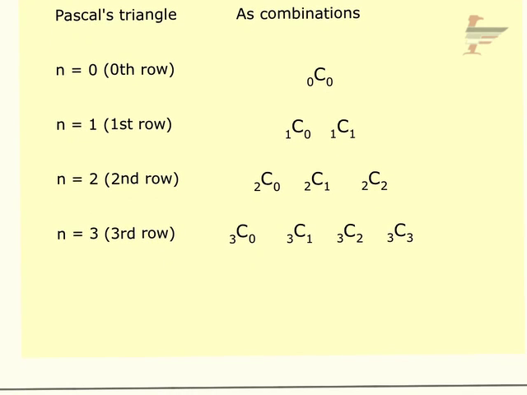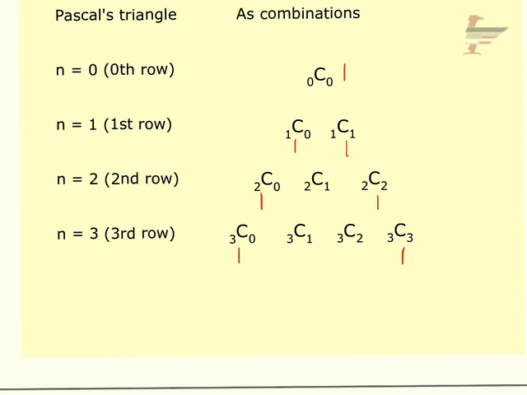So if I fill these numbers in, and I would just dump these on my calculator, this isn't magic. So 0 choose 0 is 1. Okay, so this is a 1. 1 choose 0 is 1. 1 choose 1 is 1. 2 choose 0 is 1, and 2 choose 2 is 1. So anything choose 0 is 1, and anything choose itself is 1.